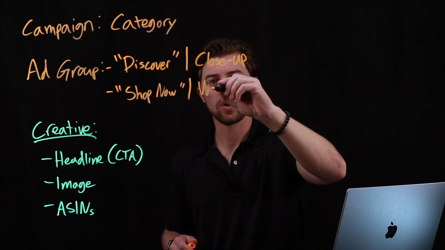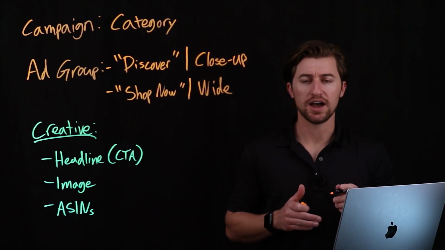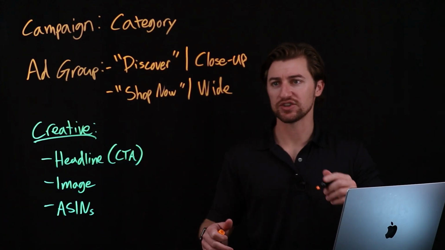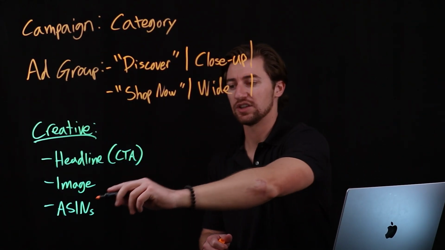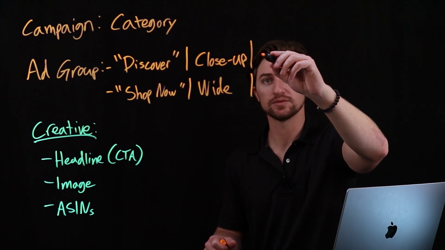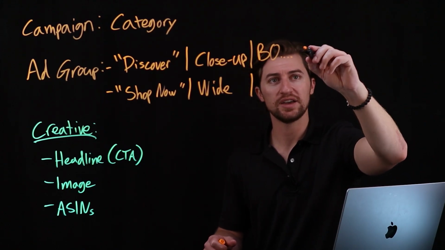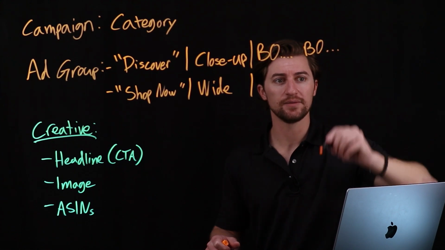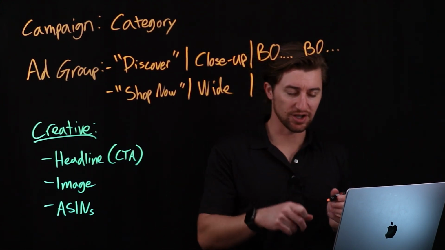And maybe this is our wide angle. So we have a couple different shots that we're testing out, a couple different featured images, and then we'll break these down into then mentioning the three ASINs that we're including. So we'll have ASIN 1, so it'll be like, B0 ... and then I just do a space, and then B0 ... and then throw in the third one, and the same one here, but I won't bother writing it because it's going to block my face out.